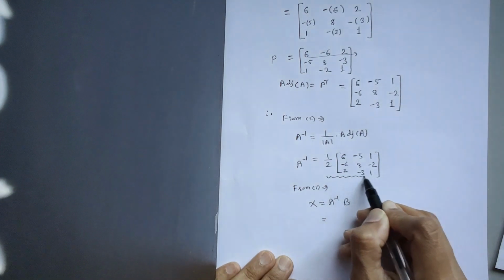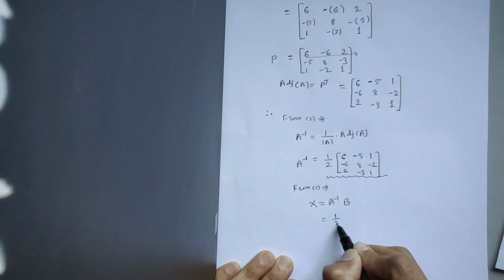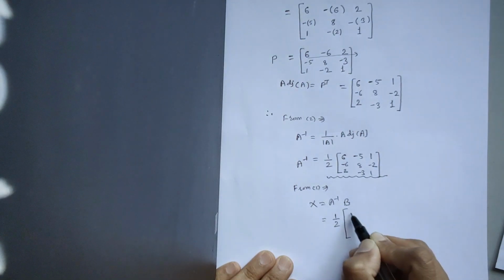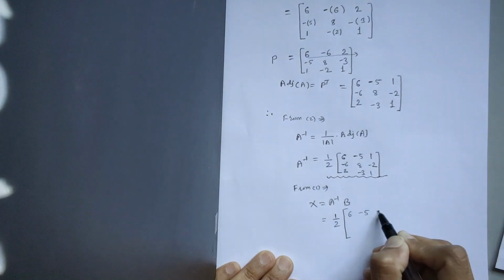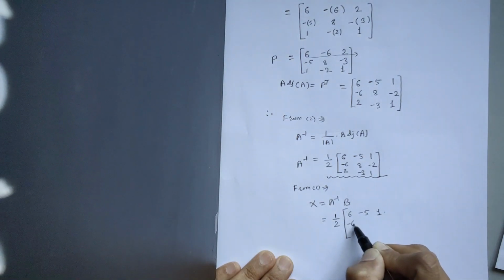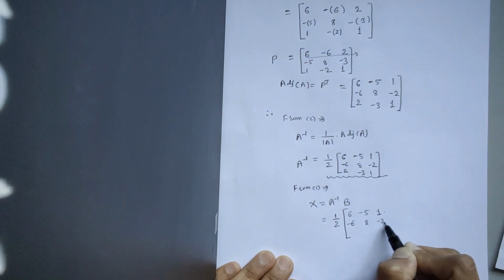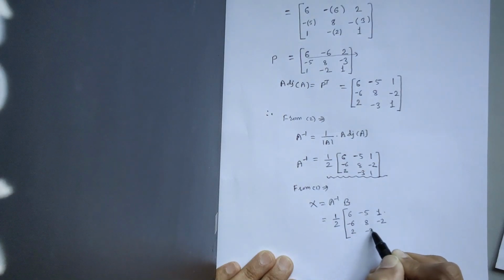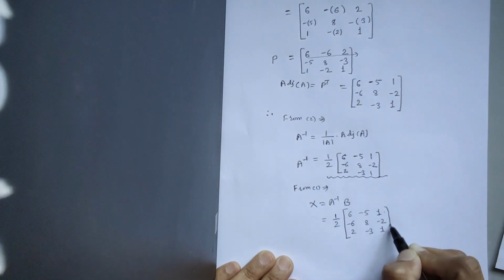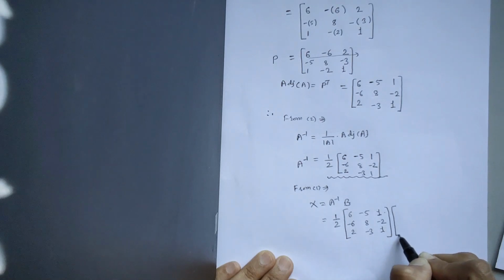A inverse, I have this matrix, 1 by 2 multiplied by 6, -5, 1; -6, 8, -2; 2, -3, 1. Okay, multiplied by B.